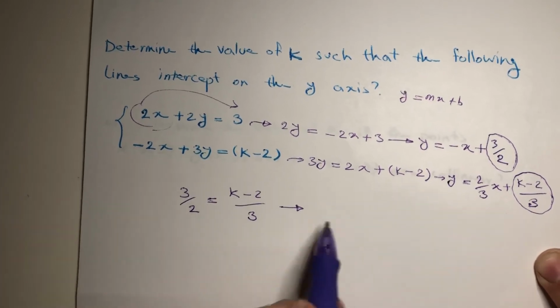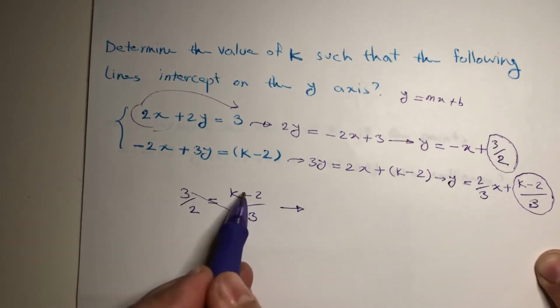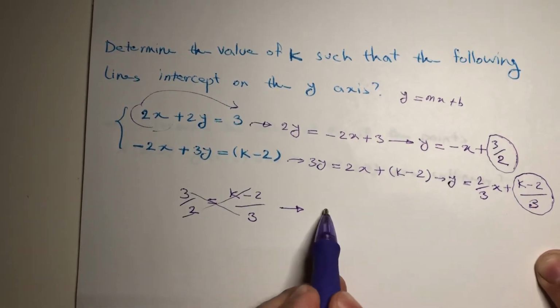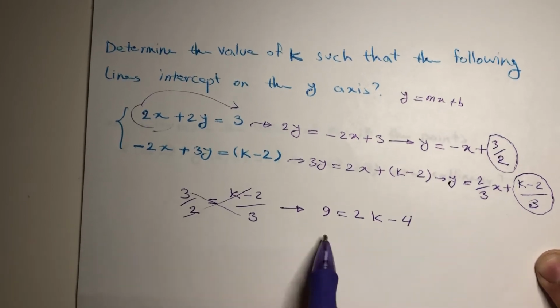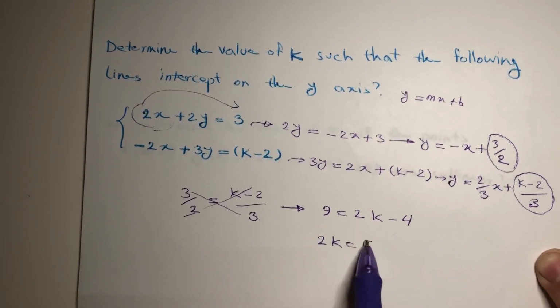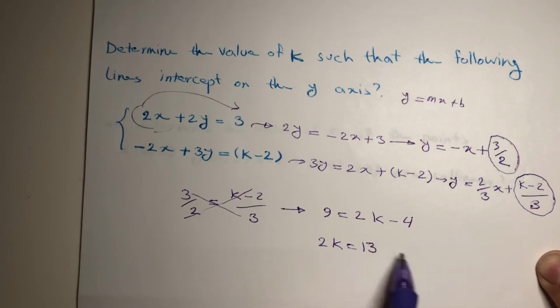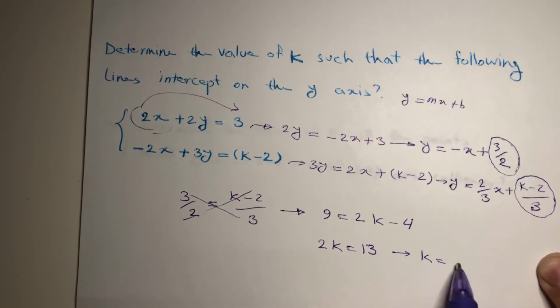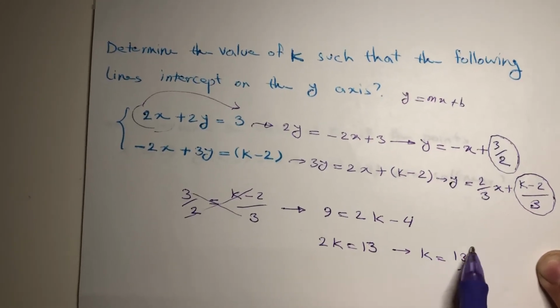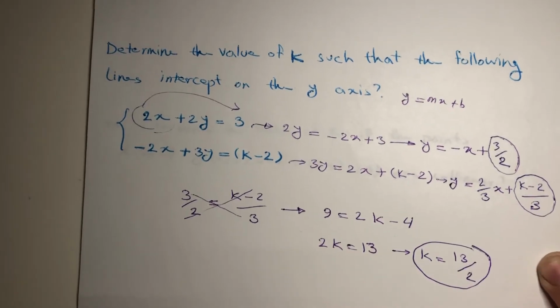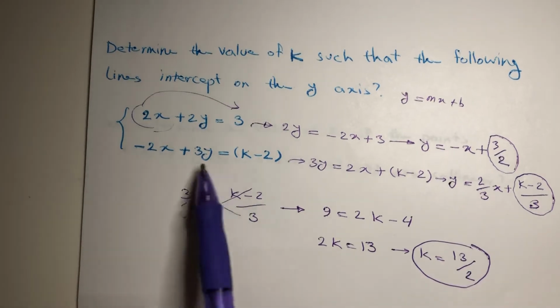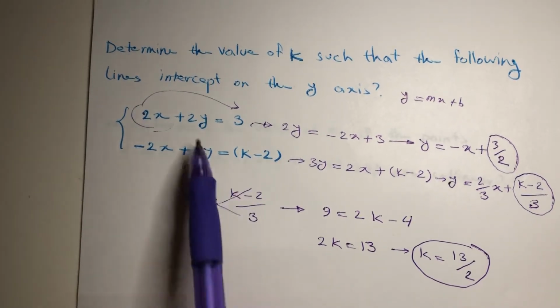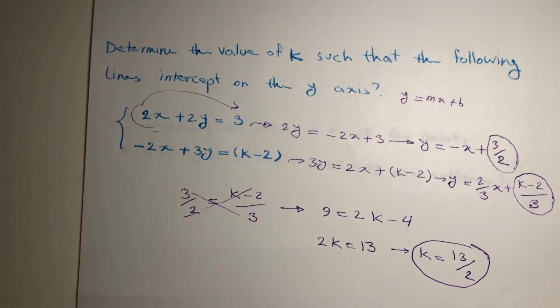And from here, if we do a cross multiplication, it would be 9 equals 2k minus 4. 2k equals 13. K equals 13 over 2. So if you put k equals 13 over 2 in this equation, these two lines will intersect at the same point on the y-axis.